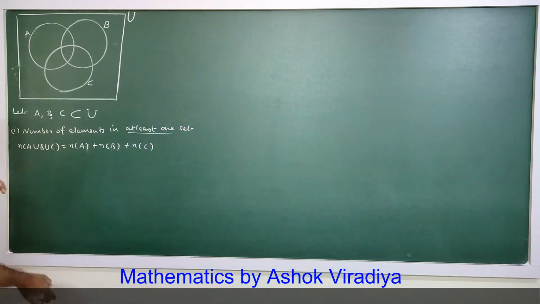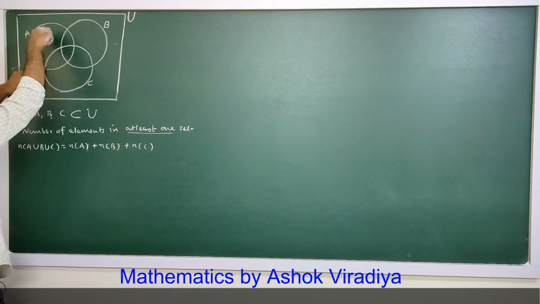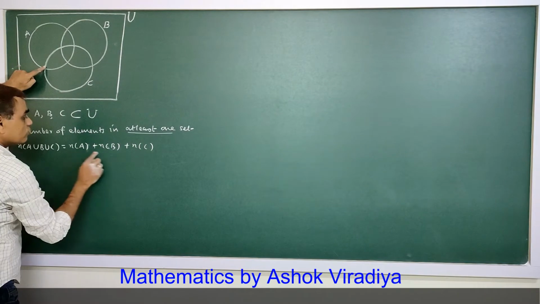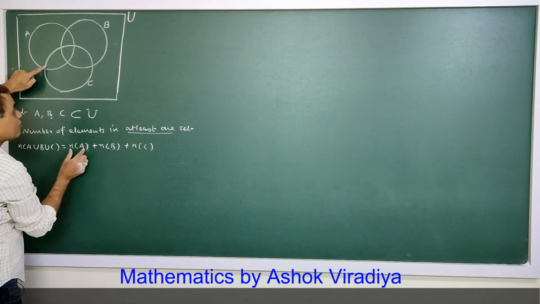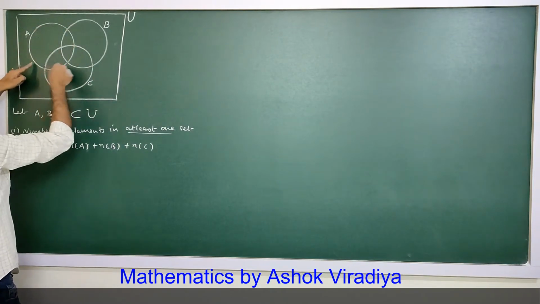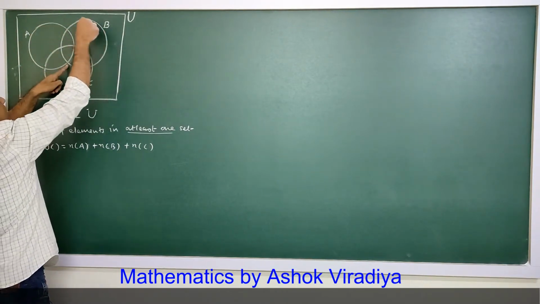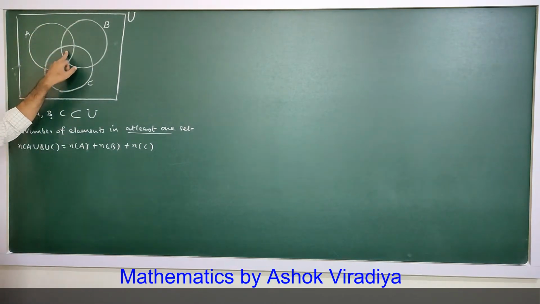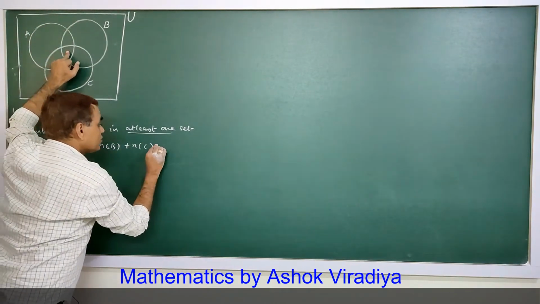So see, the number of elements in A, the number of elements in B. When you add n of B and n of A, the common elements are counted 2 times. So to correct that addition, subtract 1 time.